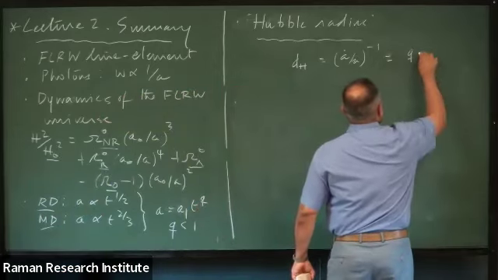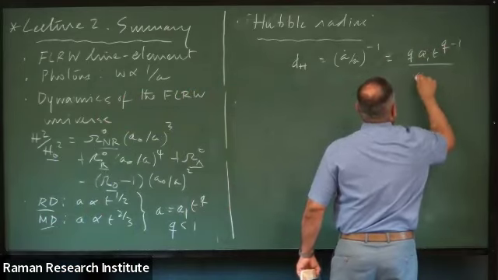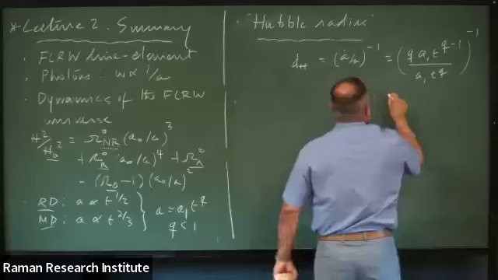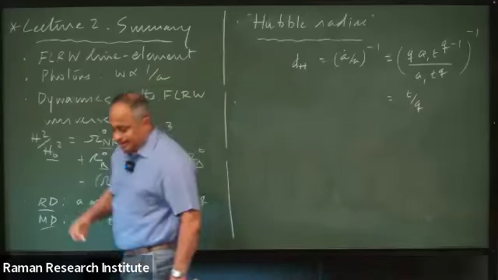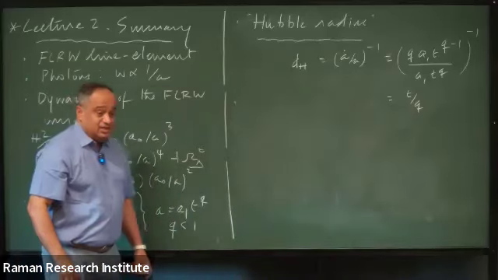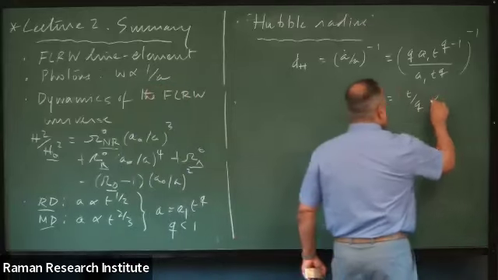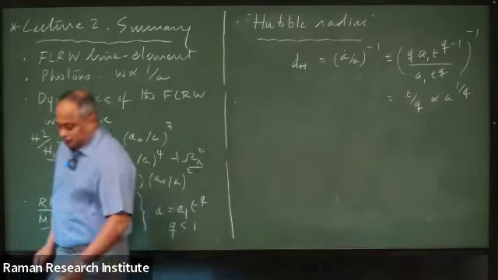So this is q A1 t power q minus 1 divided by A1 t power q. Okay, so what is this? This is just t by q. That's all I meant. And now if I write it in terms of a, it is proportional to a power 1 over q. This is what I want you to recognize.